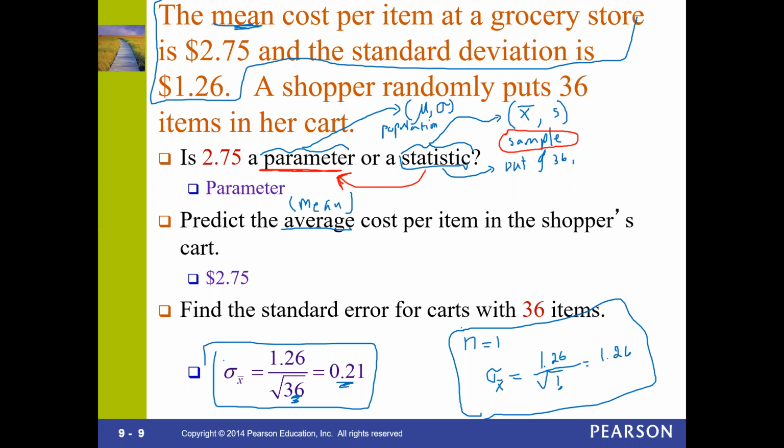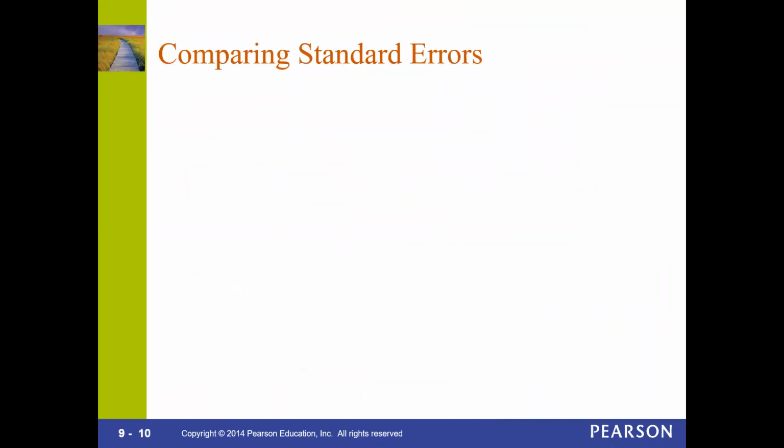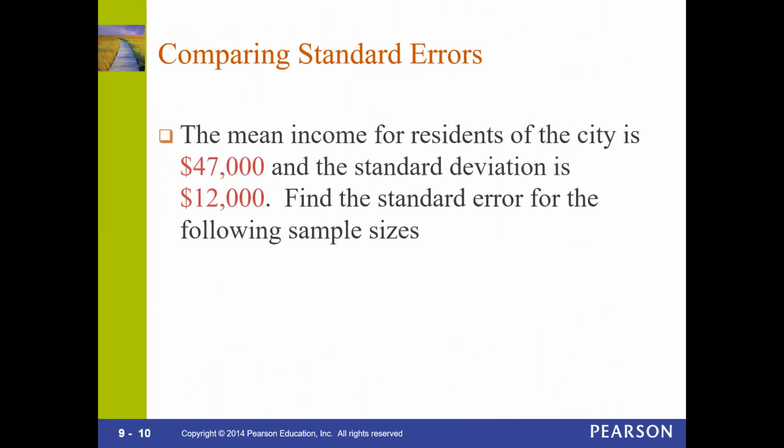Let's do one more example on that. For example, suppose you have a standard deviation sigma equal to 12,000, and the mean mu is 47,000.